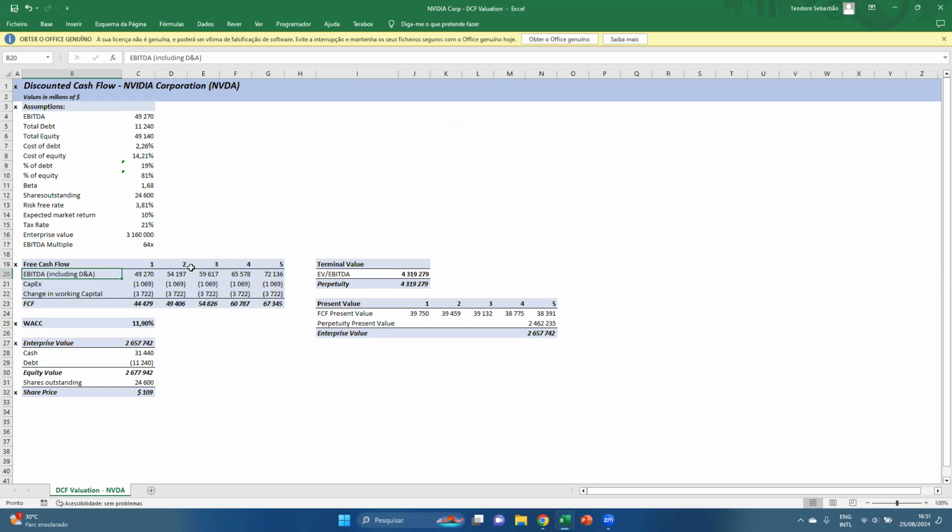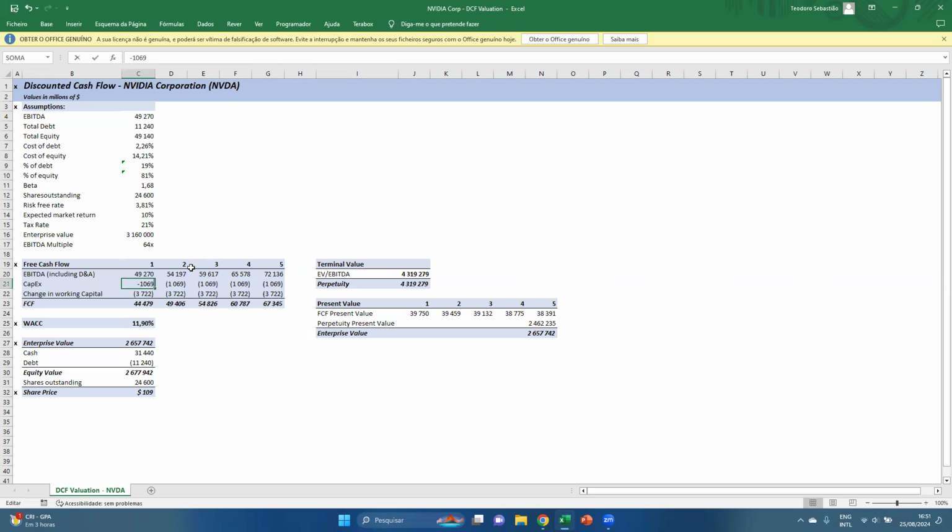But we already had the EBITDA that includes the depreciation and amortization, so I decided to use just the EBITDA, and I did a forecast that the EBITDA is going to grow 10% per year, and I did those assumptions.